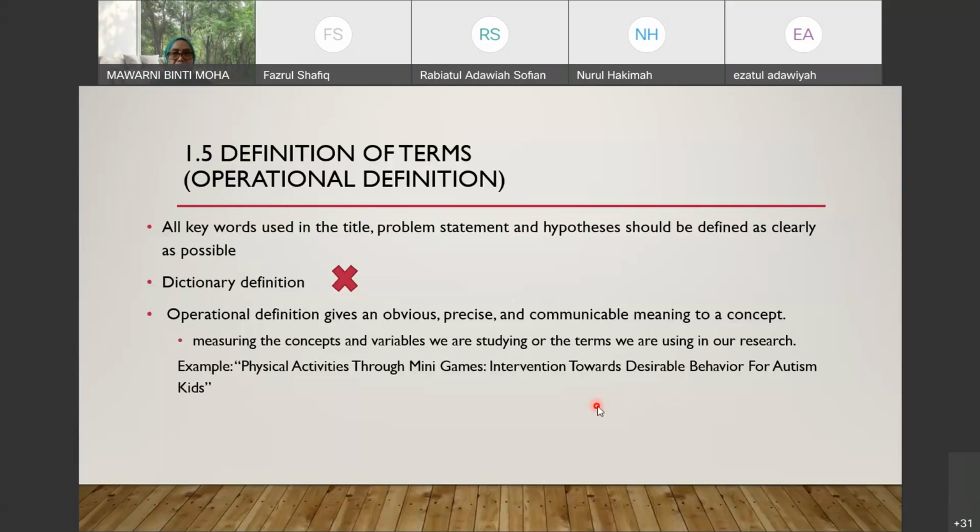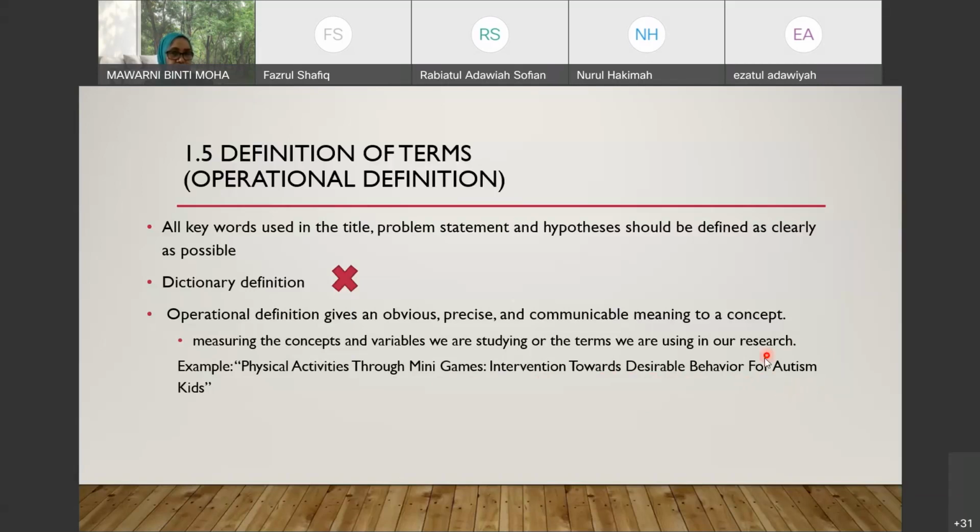Okay, let's say the title is: physical activities through mini games, intervention towards desirable behavior for autism kids. So what are the terms that you need to define here? This is your title. What are the terms that you need to define here? You can write it down.